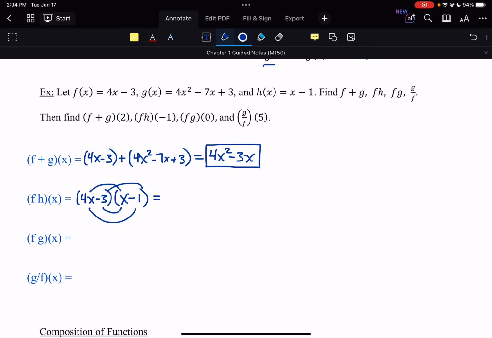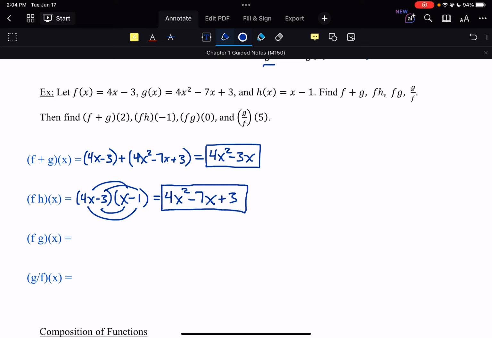You have to multiply all those terms to each other. So we're going to get 4x squared minus 4x minus 3x, so that's minus 7x. Negative 3 times negative 1 is plus 3. So that's going to be f times h.